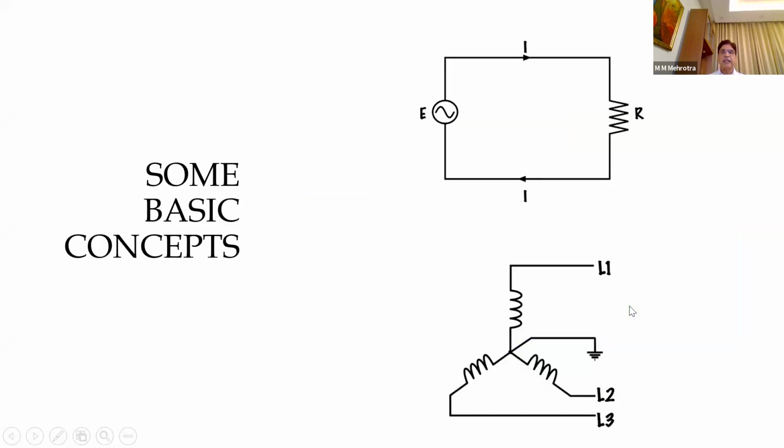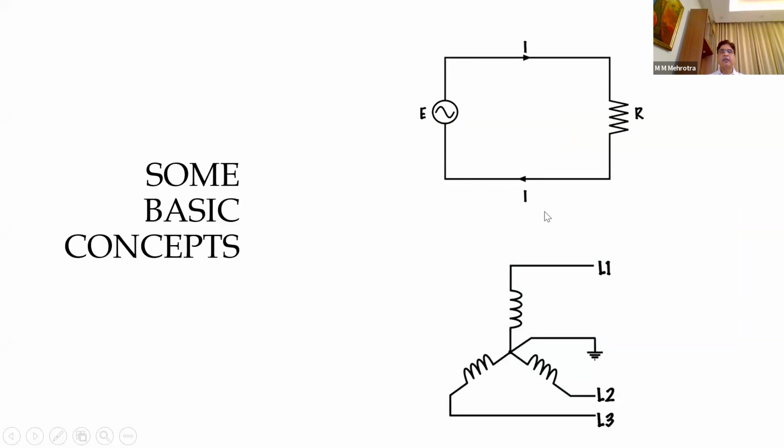Now next is how this is affecting our services. Here you see on the top there is an electricity source. On the right hand side is the load. Then there are two wires. One is connecting from source to load, and the return wire is connected from load to source.